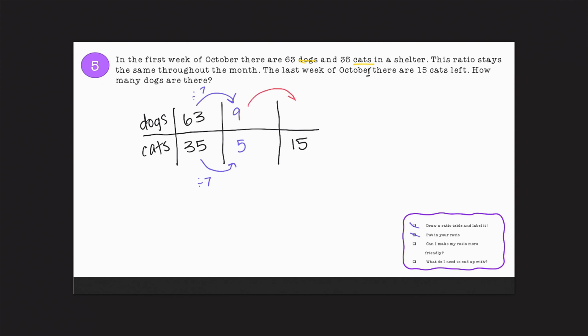Now I can multiply easily, and I can see 5 times 3 makes 15, and because it's an equivalent ratio, whatever I do up here is going to make the same value. So 9 times 3, 27. Super doable. I have my answer straight away that I'm going to have 27 dogs left during that last week of October.